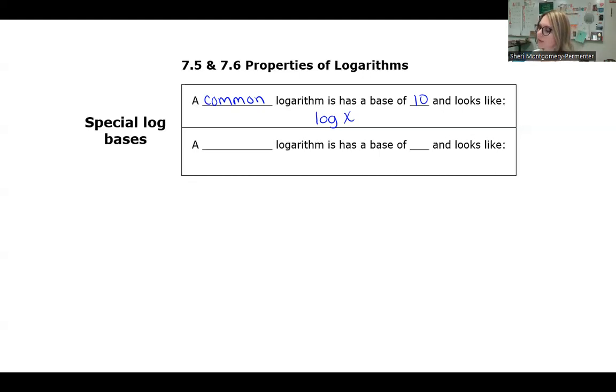There's another log down there. See if you can find another log that looks a little different than the stuff we did last class. A log with a base of 2 is no different than a 3 or a 5 or a 4. Oh, you were saying question number 2, not base of 2.